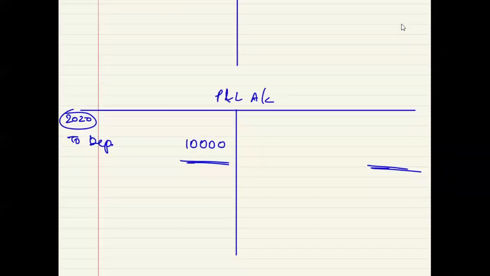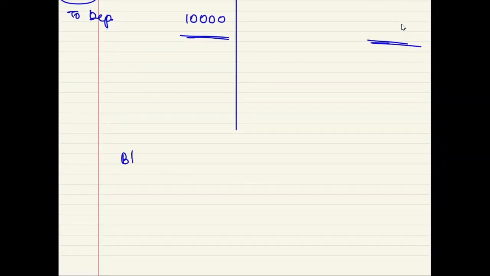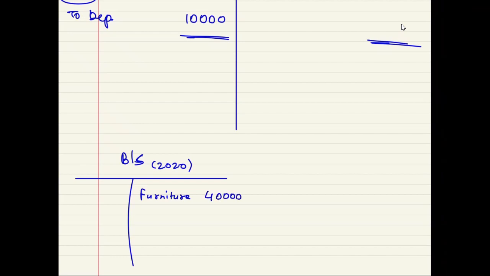So in your balance sheet for 2020, how will the presentation be? On your asset side, there would be furniture of 40,000 and you will show minus provision for depreciation.